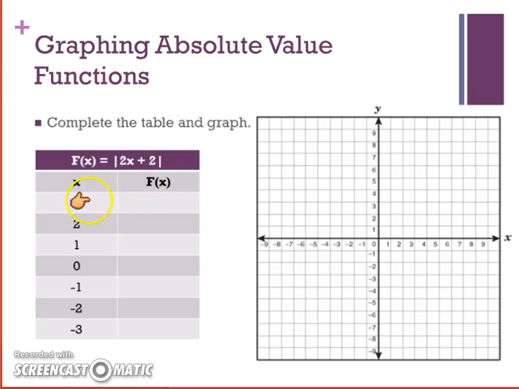So if we were to plug each of these in, for example, plugging in 3, 2 times 3 is 6, 6 plus 2 is 8, so we're finding the absolute value of 8, which is 8. Next one, 2 times 2 is 4, 4 plus 2 is 6, the absolute value of 6 is 6, and so on. So we'd keep going.